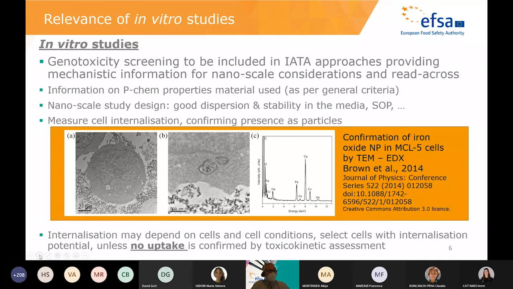One of the key elements is to get information on the actual material that has been tested, like information on physicochemical properties, nanoscale, but what is absolutely essential is to measure cell internalization. This is very clear in the guidance for in vitro genotoxicity, but the guidance also suggests extending this to all in vitro methods that will facilitate the use of in vitro and new approach methodologies.